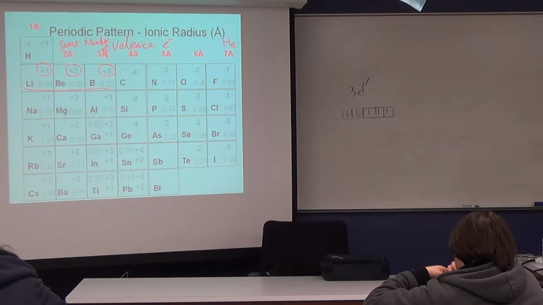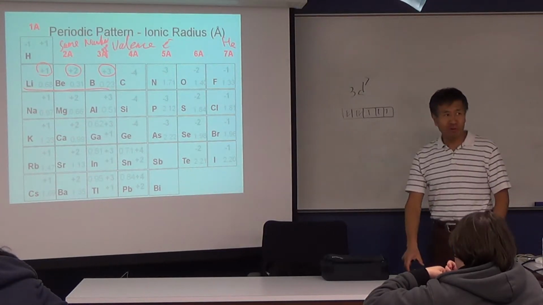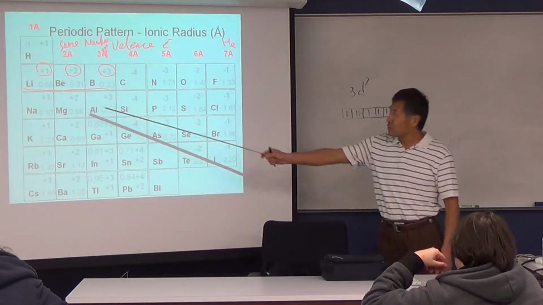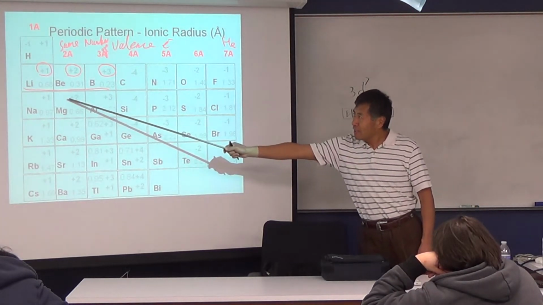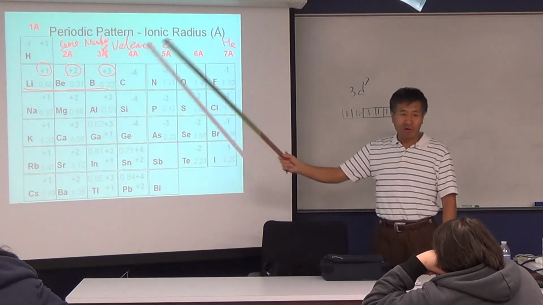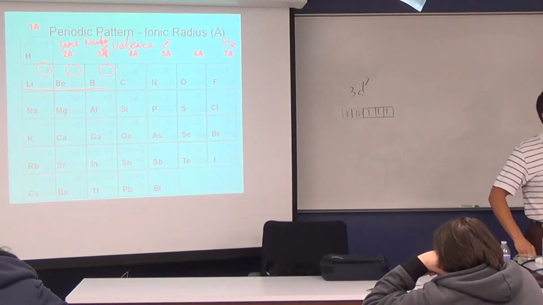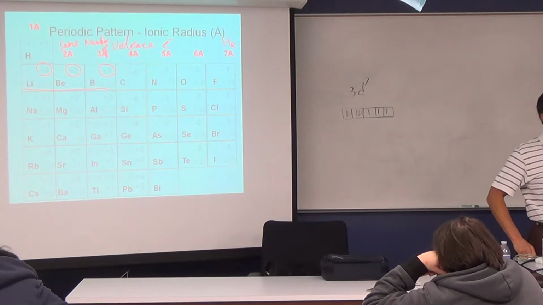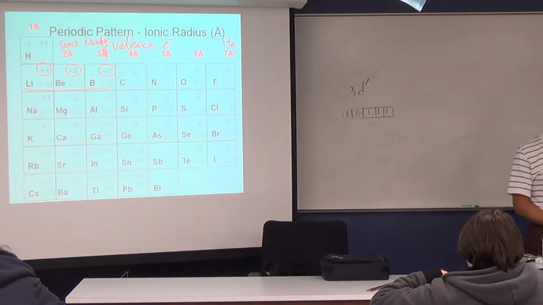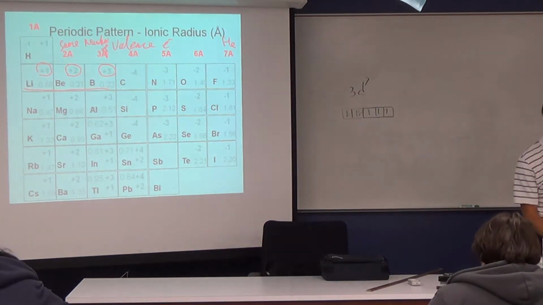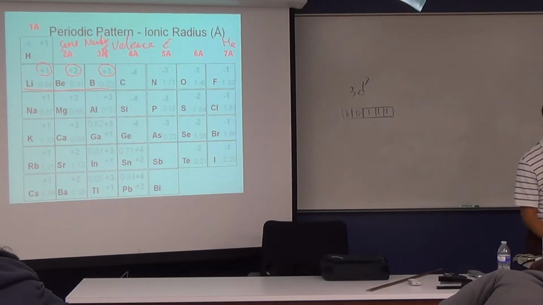Forget about helium because we don't have the data. Compare lithium, beryllium, and boron. Which has the largest atomic number? Boron is number 5. So we agree all of these have the same number of valence electrons.